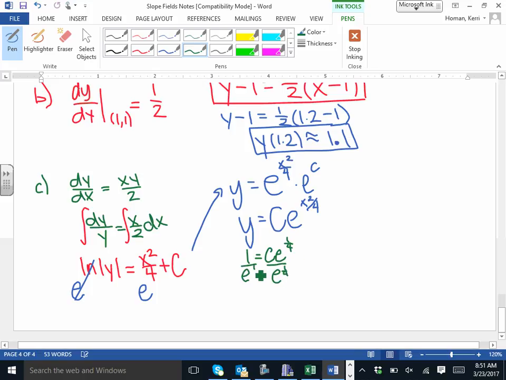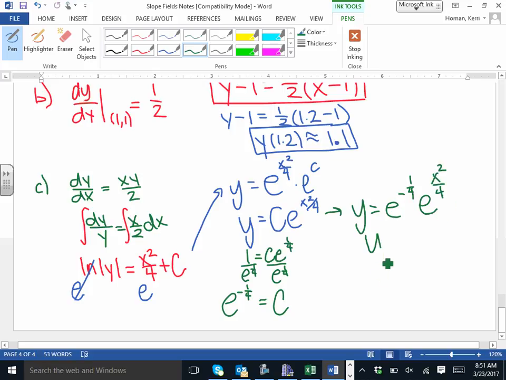Divide that over, and c is e to the negative 1/4. We have e to the 1/4 in the denominator. That's like c to the e to the negative 1/4. Okay. So this becomes y equals e to the negative 1/4 times e to the x squared over 4.